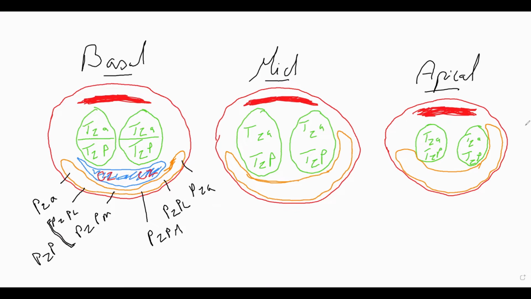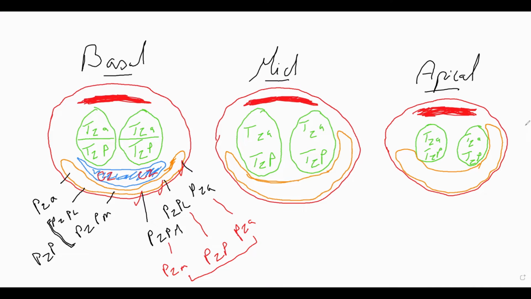Some authors describe this part as BZB, BZM, and BZA. Really, I prefer this classification. So we have here BZM, BZB, BZA to simplify our segmental model.